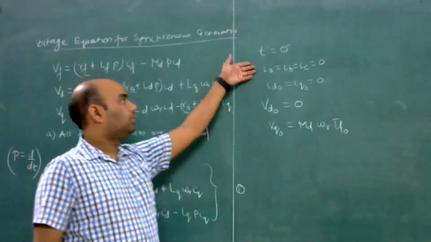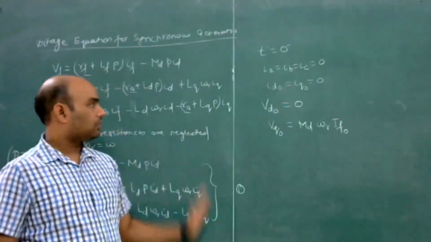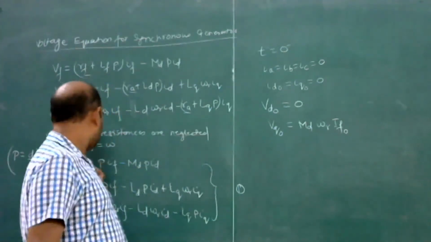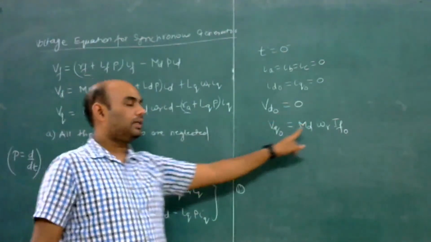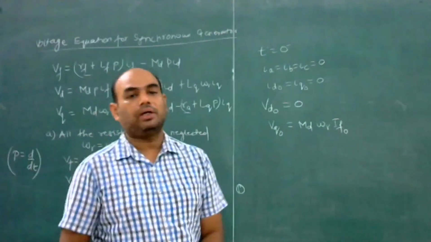So when we substitute these values in equation 1, we get Vd naught equal to 0 and Vq naught equal to Md omega If naught.